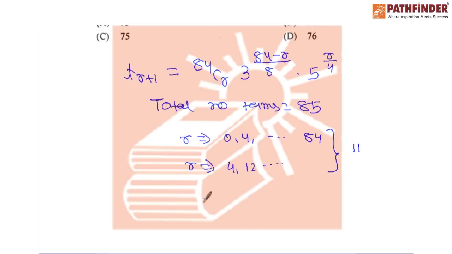Since there are 11 rational terms and total number of terms is 85, irrational terms are 85 minus 11, that is 74. If we look carefully, this will go from 4, 12, next 20, up to 84, total 11 terms. So 74 is given in option B.